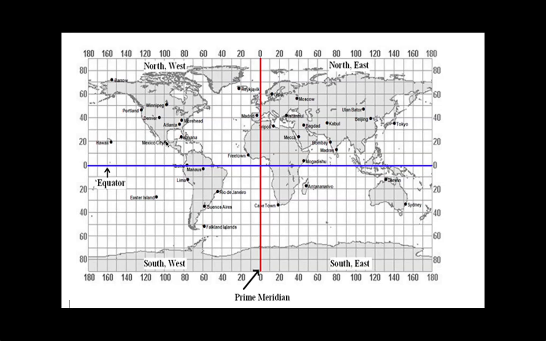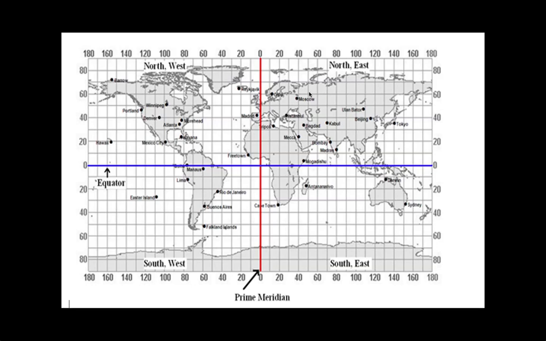Let's do one more of these together. Let's do Tokyo, Japan. So find Tokyo. Here's Tokyo. We're above the equator, so our latitude is going to be north. So we can say 10, 20, 30, 35 degrees north latitude.